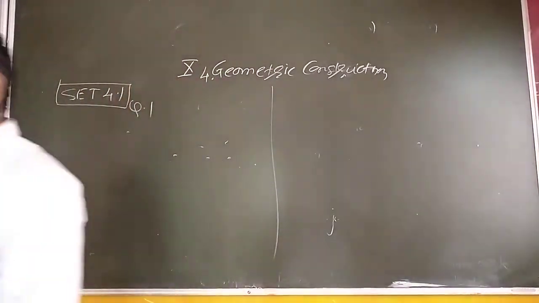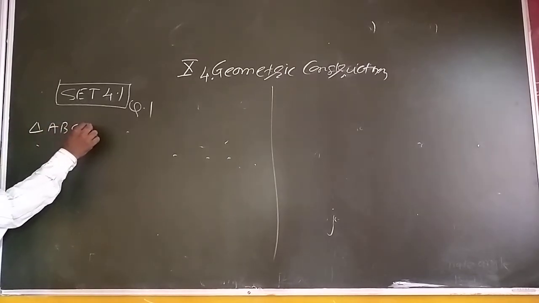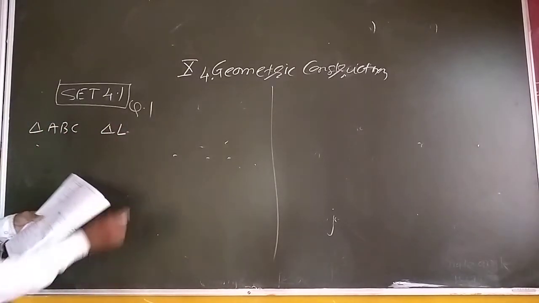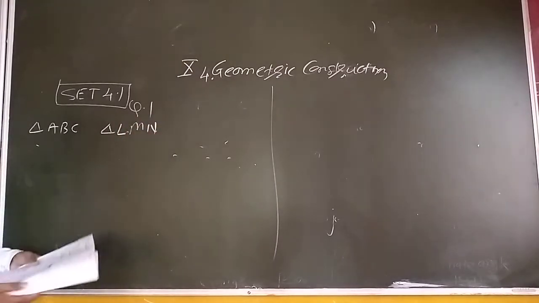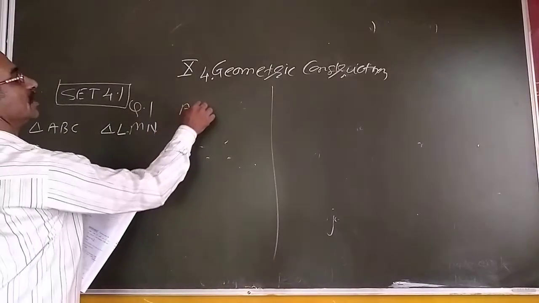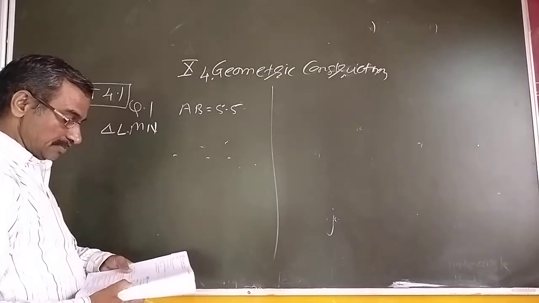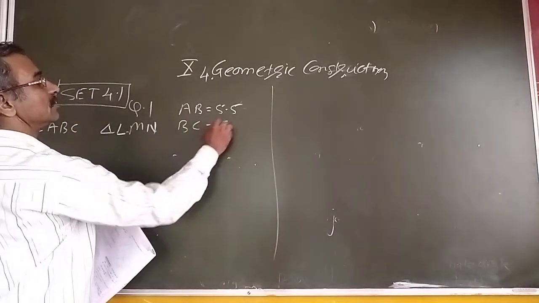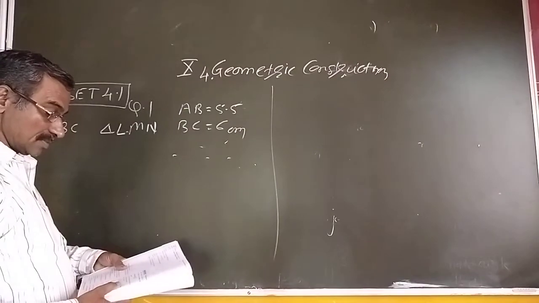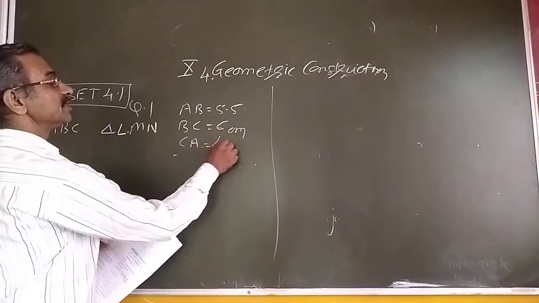In triangle ABC and triangle LMN, AB is given 5.5, BC is equal to 6 cm, CA is equal to 4.5 cm.